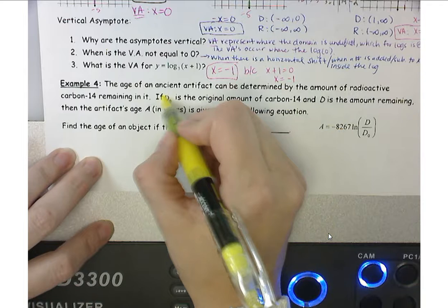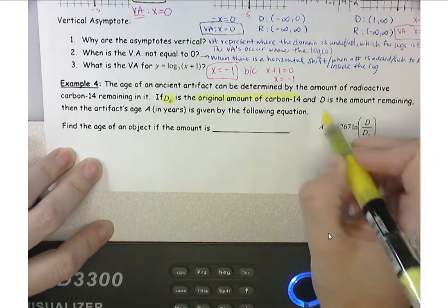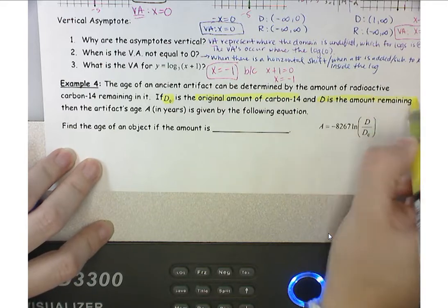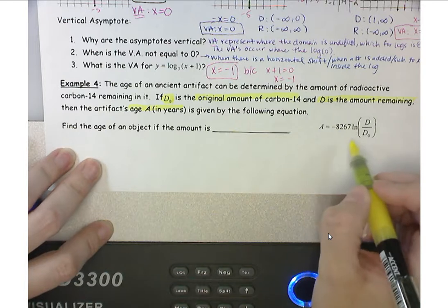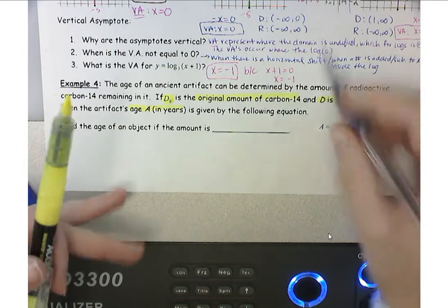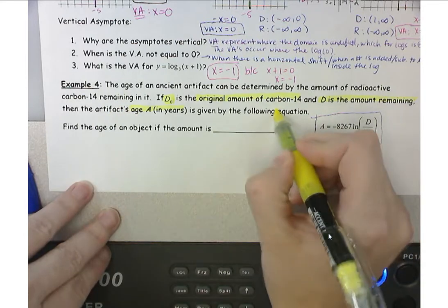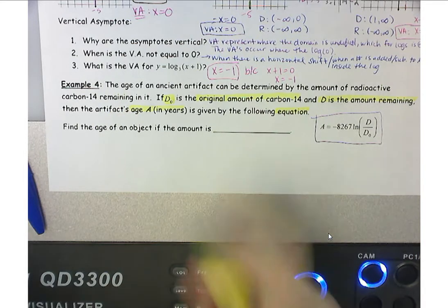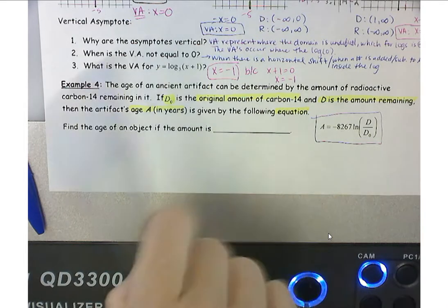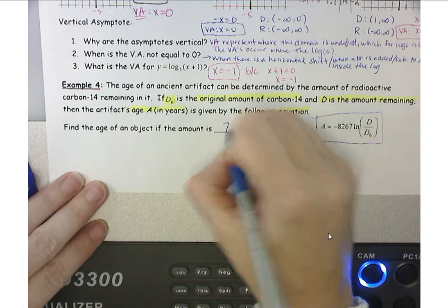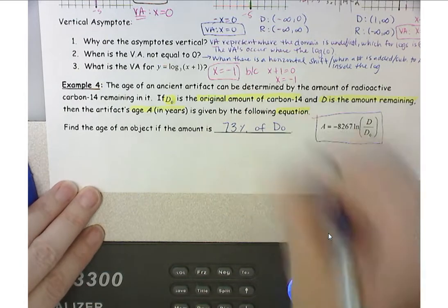If D sub 0 is the original amount of the carbon-14 and D is the amount remaining, then the artifact's age in years is given by this equation. Okay, what we have to do is find the age of an object if the amount remaining is 73% of D sub 0.